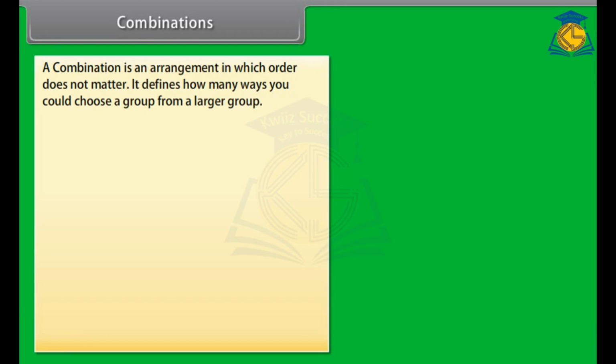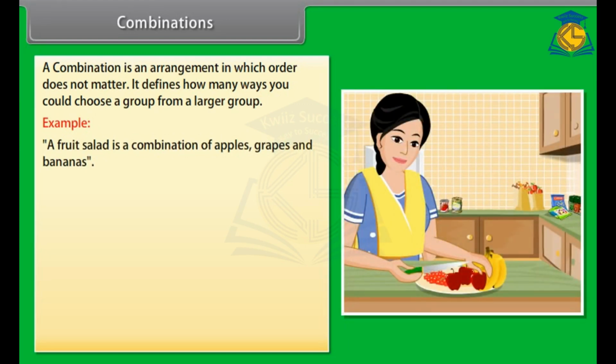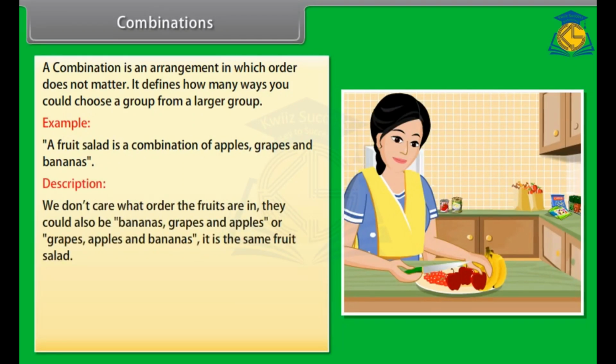It defines how many ways you could choose a group from a larger group. Consider the example. A fruit salad is a combination of apples, grapes and bananas. Description. We don't care what order the fruits are in. They could also be bananas, grapes and apples, or grapes, apples and bananas.